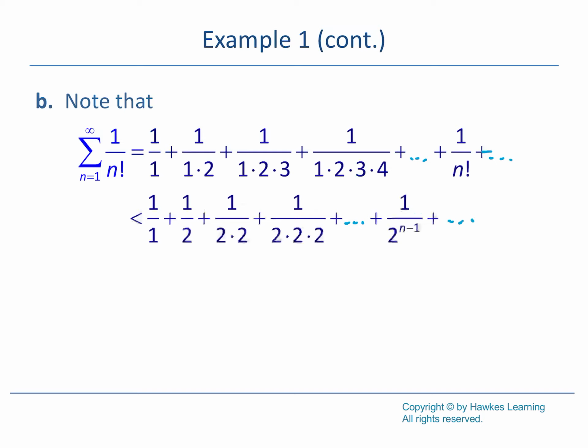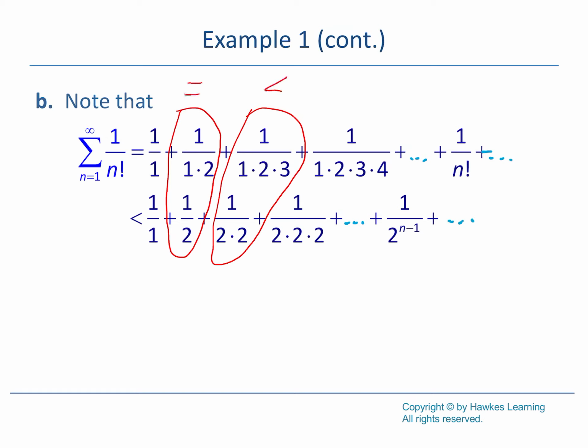So this is what it looks like to have the factorial going on. And what we're going to do is compare this factorial to a geometric series. You can see here that we can make comparisons between these and these. These are equal.